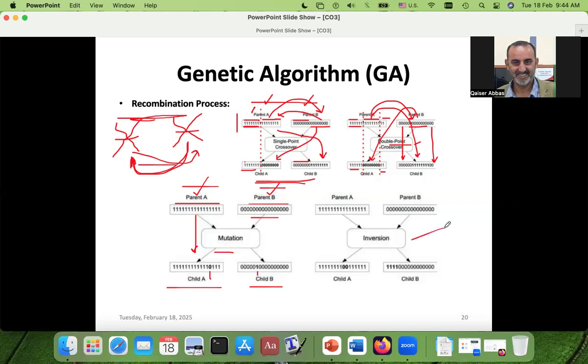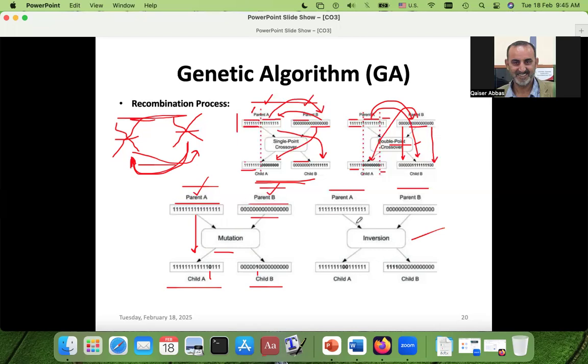And then inversion. You have the parent A and the parent B. This is the string for parent A, parent B. Inversion is changing bits from 0 to 1 and 1 to 0, more than one. In mutation, you can change only one bit. But in an inversion, you can change more than one bit together. Those bits normally should be in a sequence, but I think it is not compulsory.